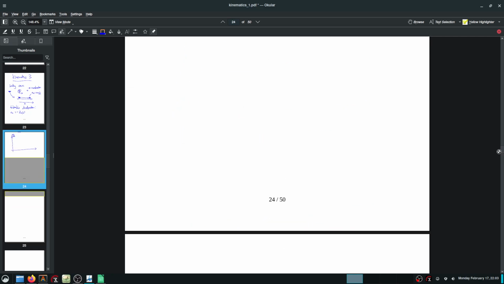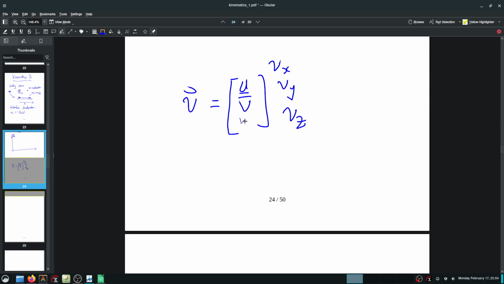At least from a vector's perspective, if you have the velocity, it's very common to write the x component of velocity, or rather Vx, simply as U. It's very common to write the y component, Vy, as V, and the z component of velocity in 3D will be W. So this is in a 3D case. Very common to have this in fluid mechanics, and so on and so forth.